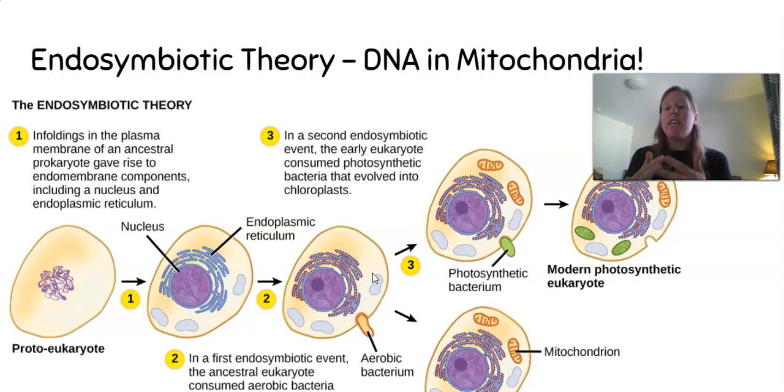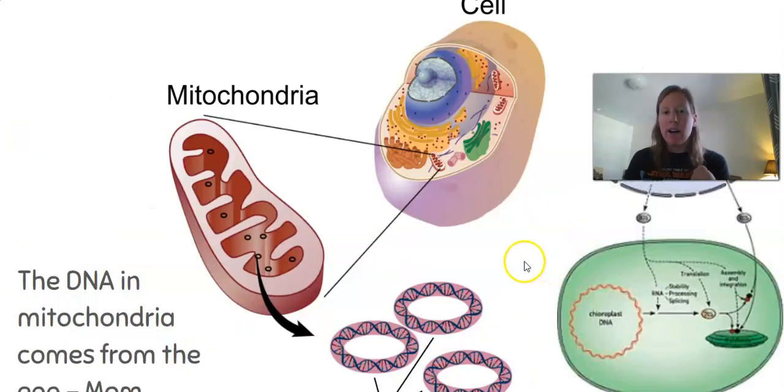And same with the chloroplast. It used to be just an old prokaryote, but then was enveloped and the cell continued to make it. The reason we think this is the case is because there is DNA in mitochondria, and that can only really happen if it was a prokaryote, not just a regular organelle.